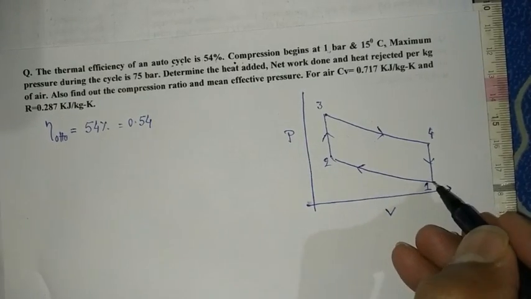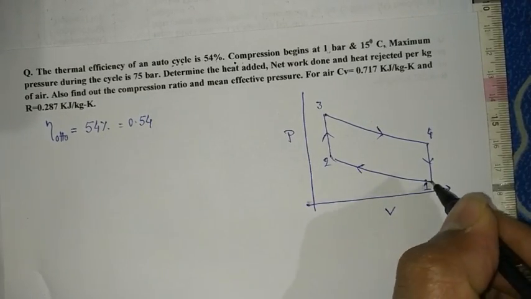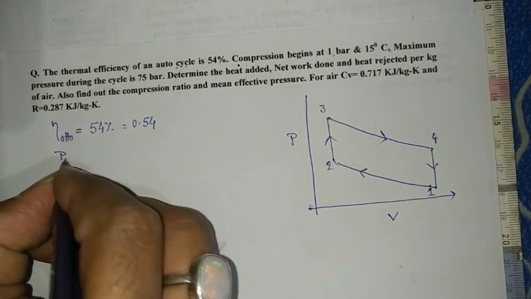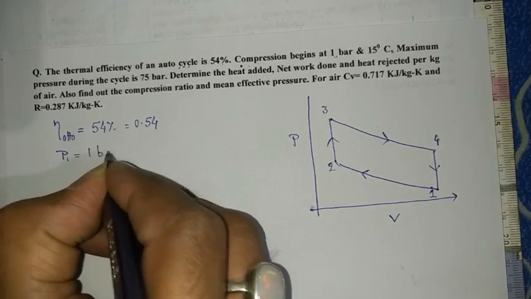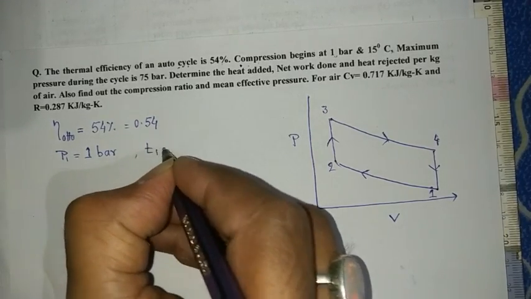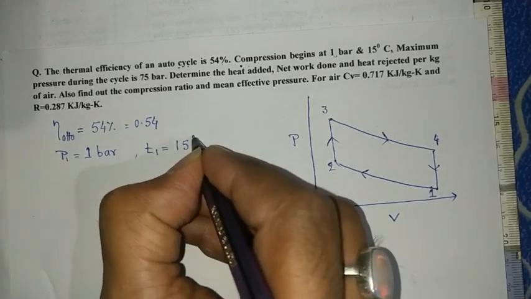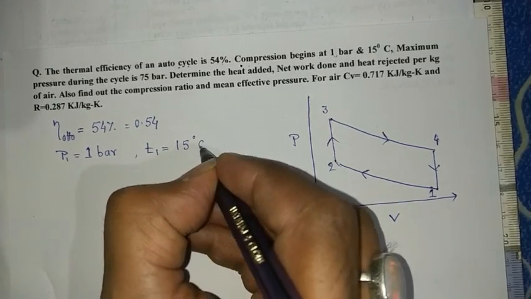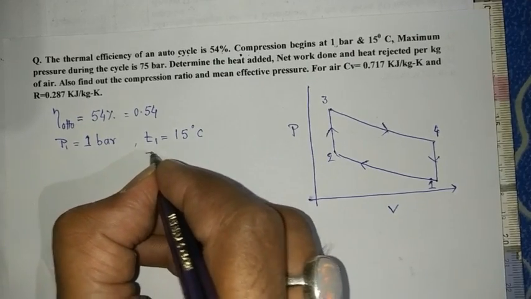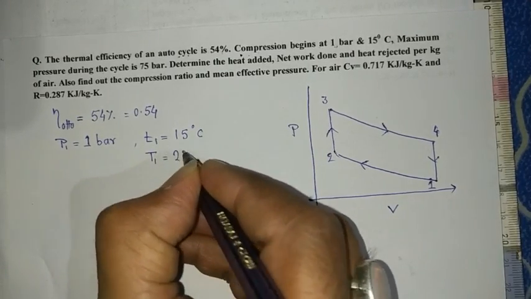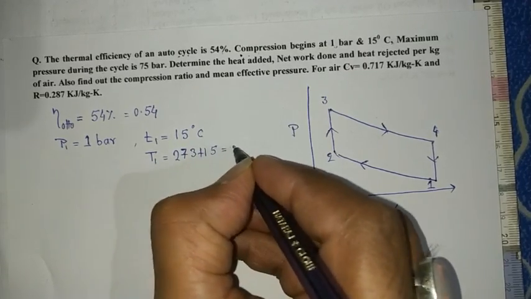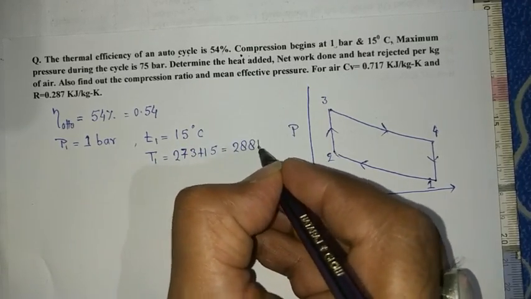So we know that the compression starts from state 1. So the value of P1 is given as 1 bar and the value of T1 is given as 15 degrees Celsius. If we convert it into Kelvin, then T1 is equal to 273 plus 15, which is equal to 288 Kelvin.